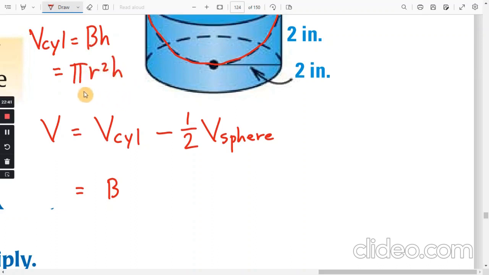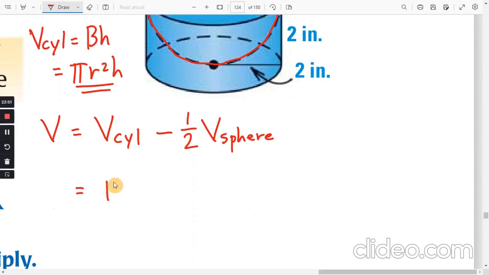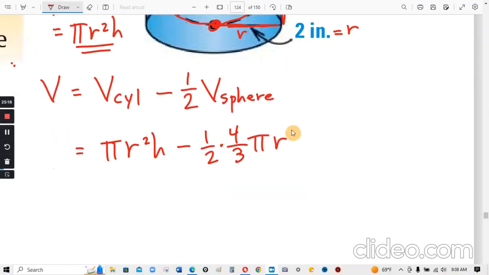So this is the formula for the cylinder, pi r squared h. All right, so in place of the volume of the cylinder, pi r squared h, and that's minus 1/2. And we said the volume of the sphere is 4/3 pi r cubed. I meant to say r cubed.